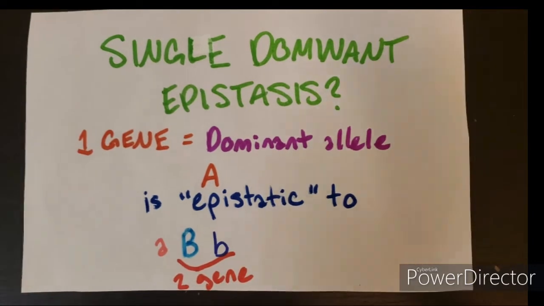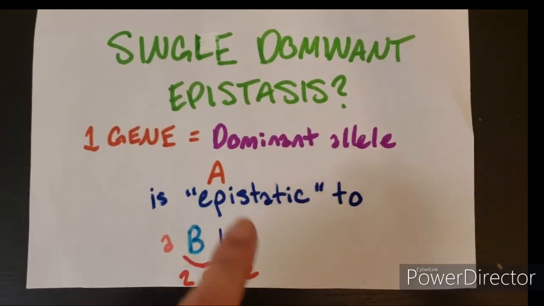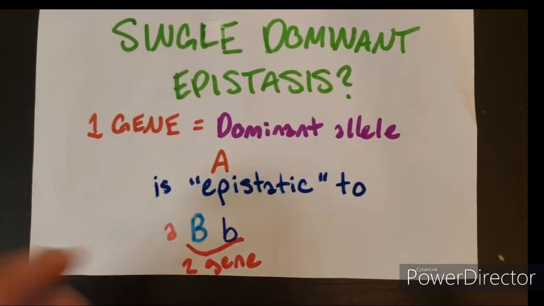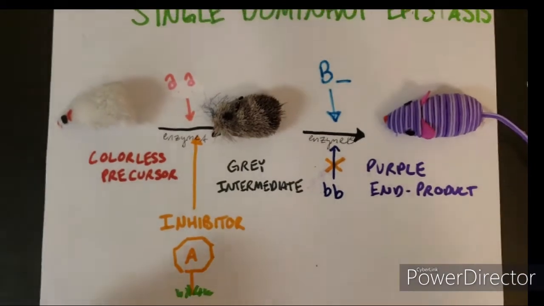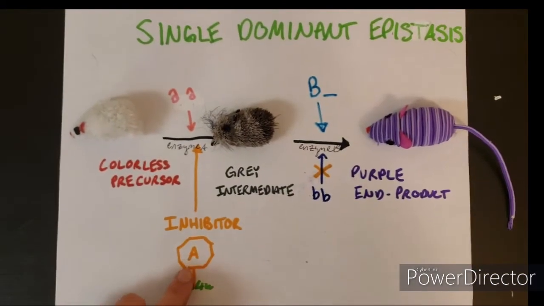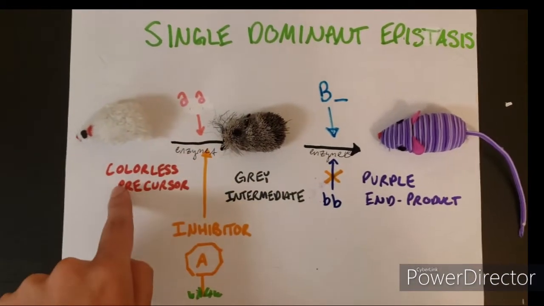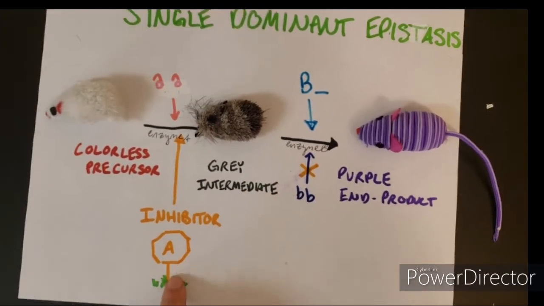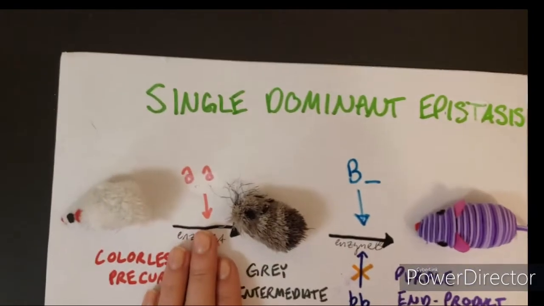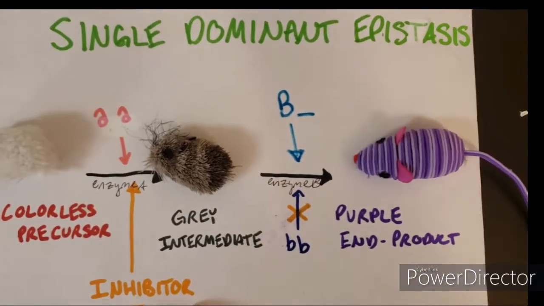So single dominant epistasis is when the allele is epistatic to the alleles of the first gene and the second gene. Here we have our introduction of this epistatic allele, which keeps our colorless precursor mouse from becoming a gray intermediate. If it's not expressed and instead we have the lowercase a, we will reach our gray intermediate.